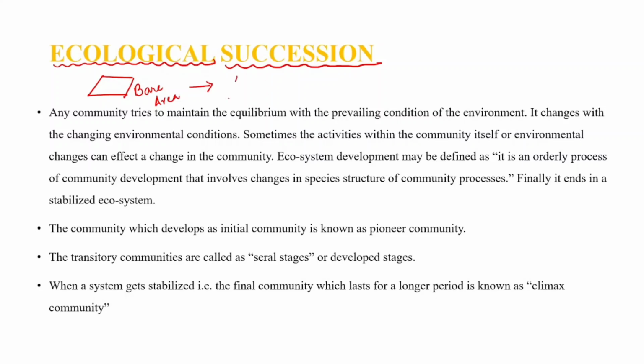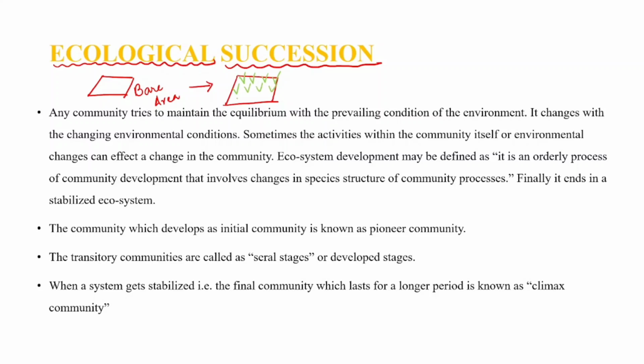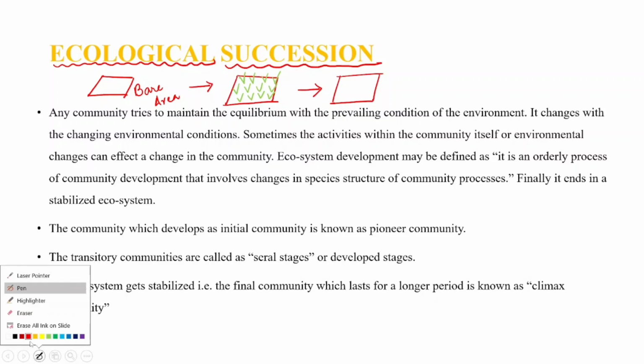After a few years, you will see some grasses started growing here, due to wind dispersal, right? These plants will remain for a few years. Then these grasses will be replaced by another type of plant. Let me draw it here. Suppose this is another type of plant.